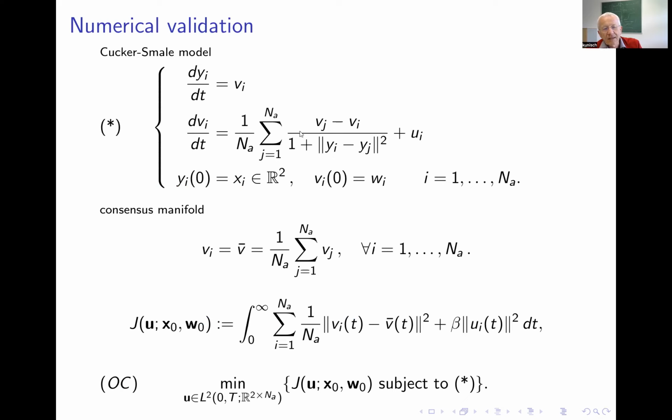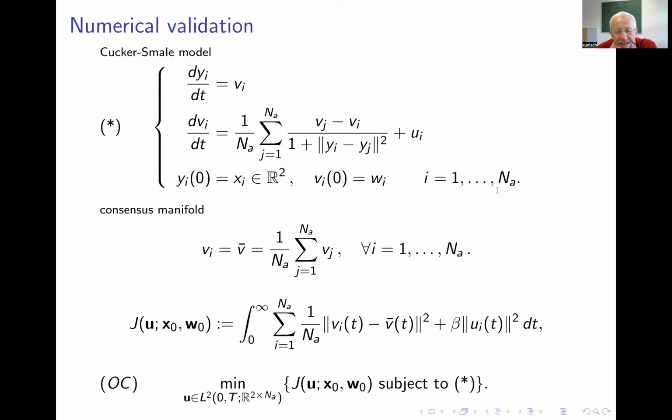The nonlinearity becomes smaller if the locations of two agents are further apart, and smaller if they want to collide, right? So this is the Cucker-Smale model of agent dynamics with initial conditions xi and for the velocities wi.